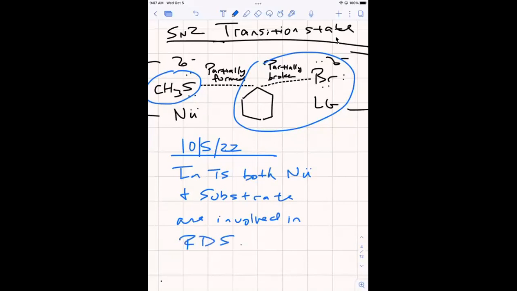Right, so nucleophile and the substrate are involved in the rate determining step. So what that means is that when we calculate the rate, we have to include both of those terms in the rate.